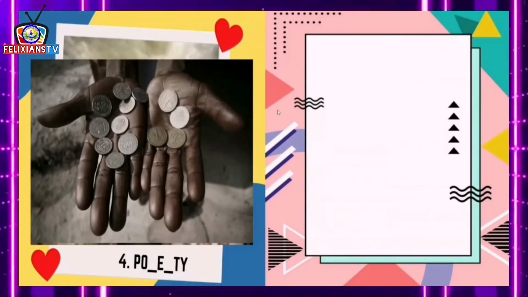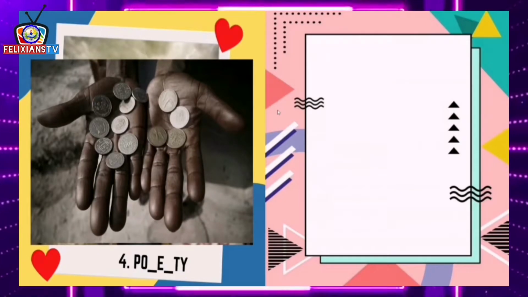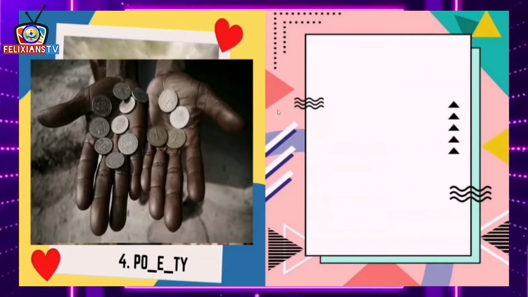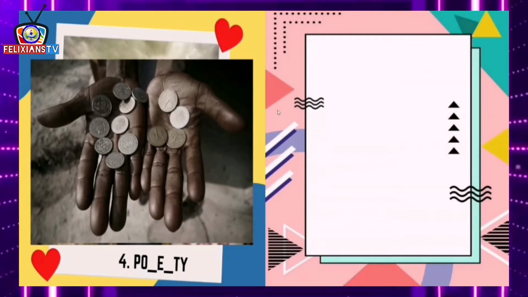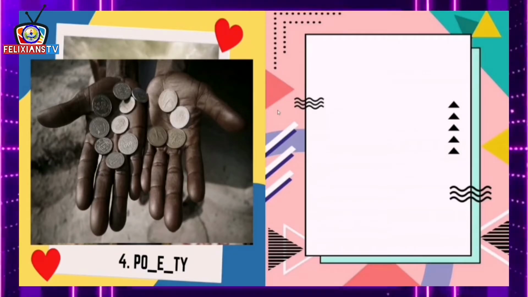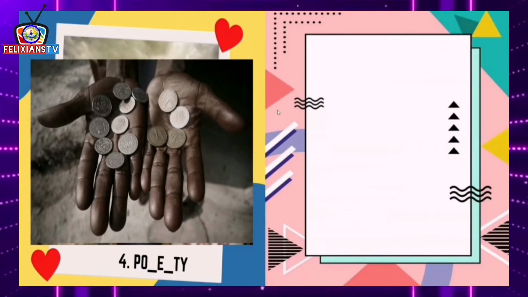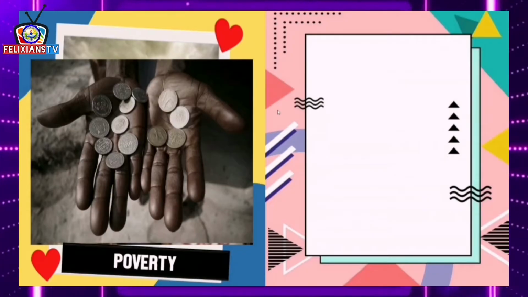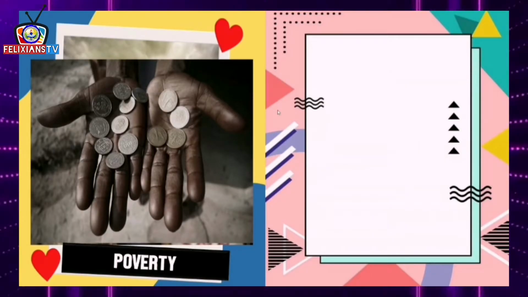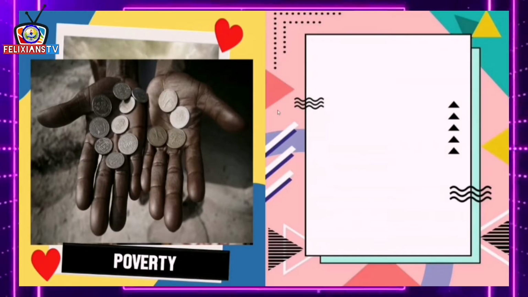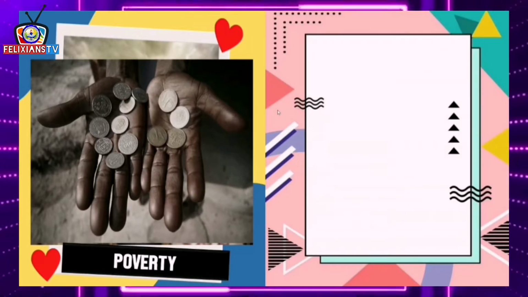Picture number 4. What type of social issue is presented here? The correct answer is poverty. Which of the following is the cause and the effect?